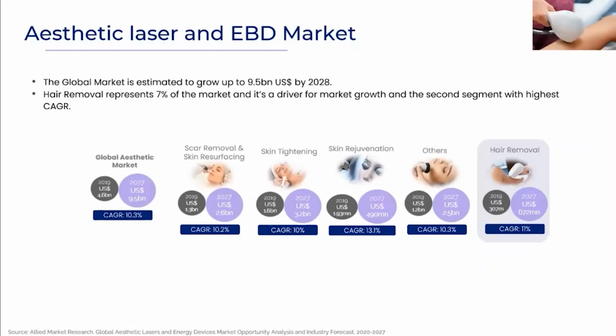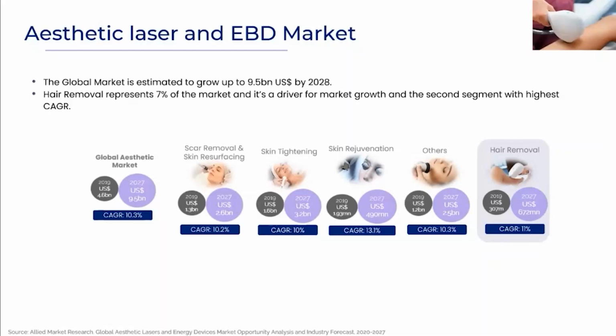Therefore, it's important that we understand that these devices that we have are platforms. Primelase is a platform whose main indication is hair removal. However, it can treat other indications, such as skin rejuvenation or acne, and we will talk a bit about that later.